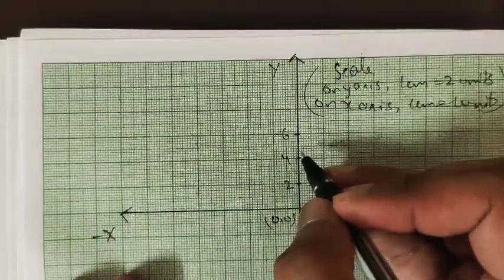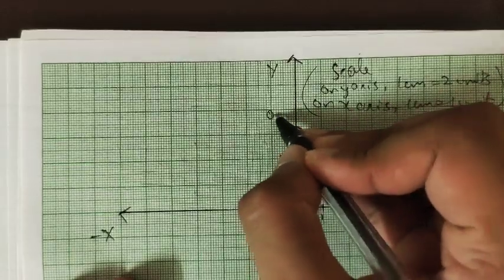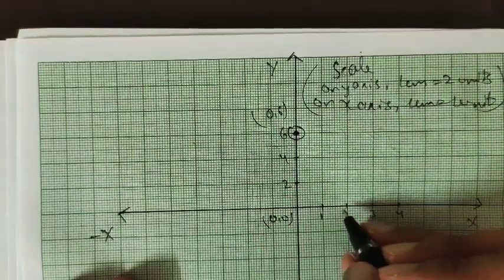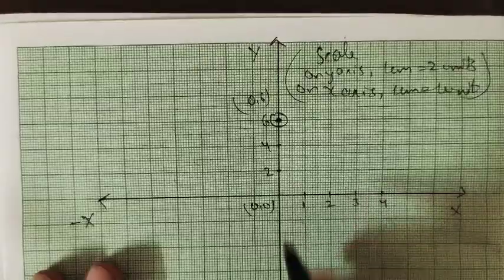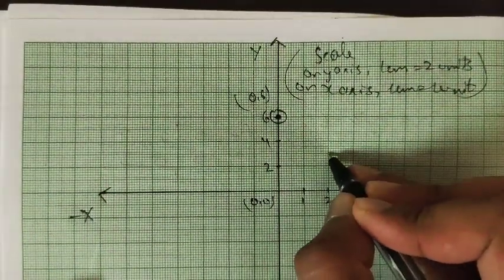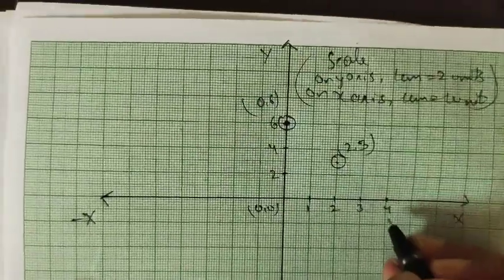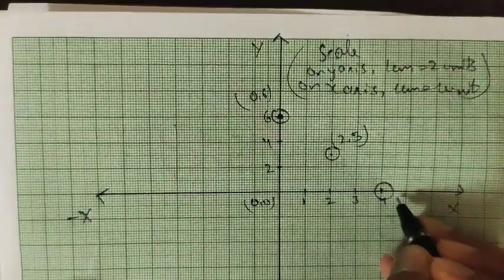(0, 6) is this one. (2, 3) is 2 on the x-axis, 3 on the y-axis. And (4, 0) is this one.